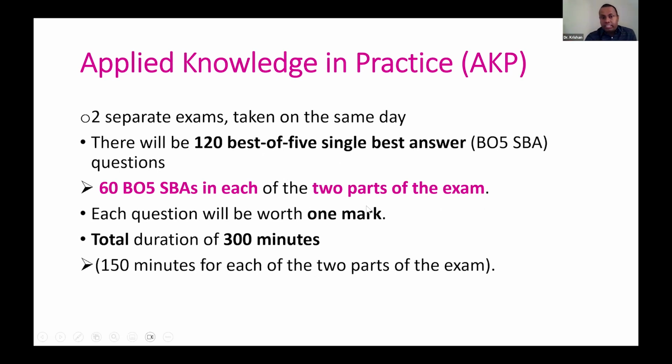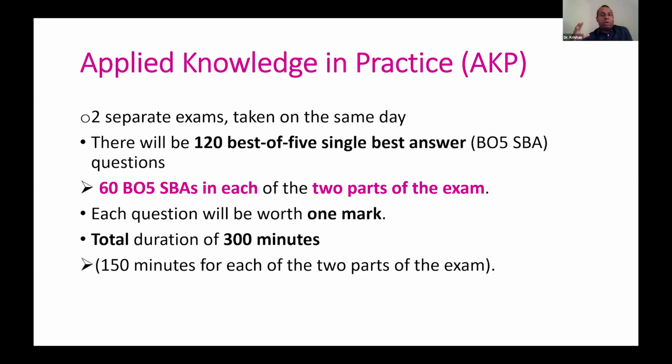And the total duration is 300 minutes. 300 minutes is 5 hours, right? So out of those 5 hours, 2.5 hours will be given for the first 60 questions. That will be a separate paper. And then there will be another 60 questions where you will get another 2.5 hours to answer that paper, right?